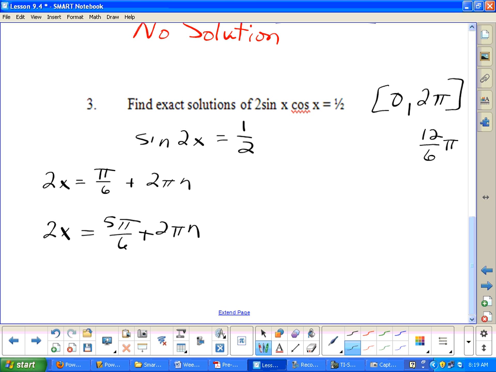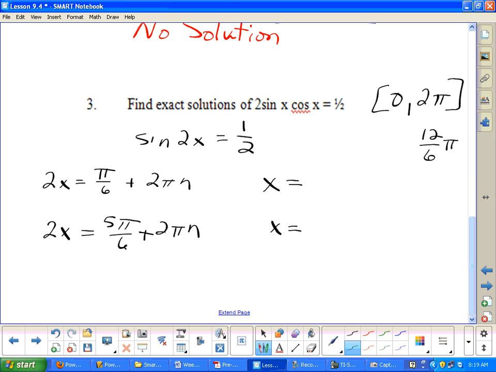So then what does x equal? What do I have to do then to make it so that this 2x is now just an x? We have to divide by 2, right? Okay. That means this pi over 6 is going to become pi over 12.